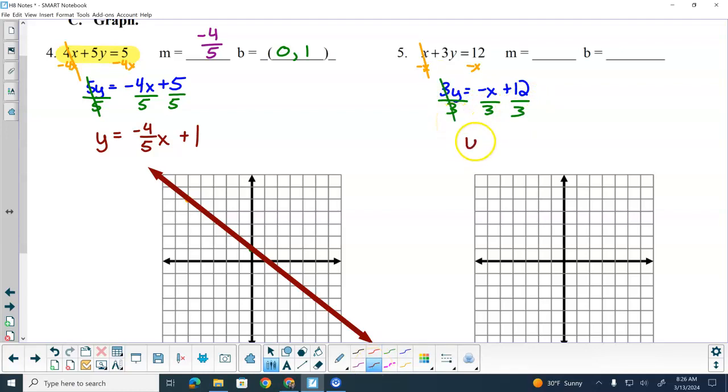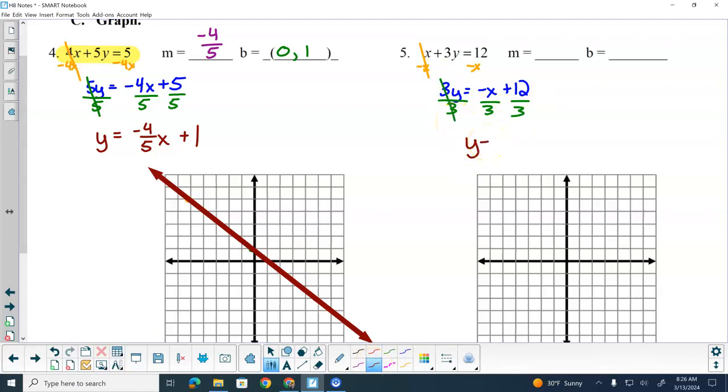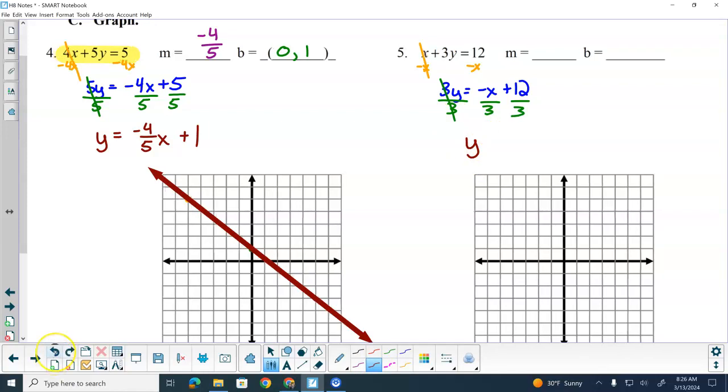So that's going to give me y equals, it jumped out for a second. I don't know why it jumped out. y equals negative 1/3 x plus 4. Did you get that? Yeah, okay, all right. Yep.